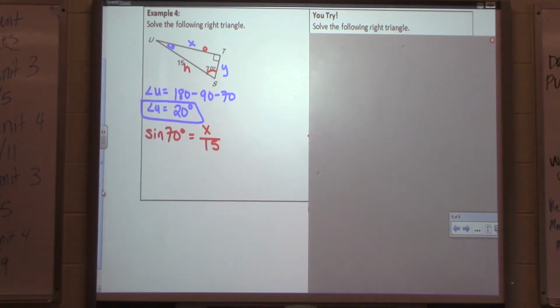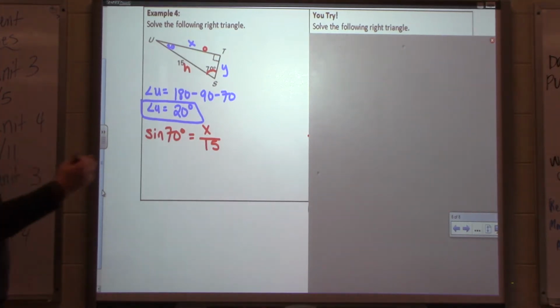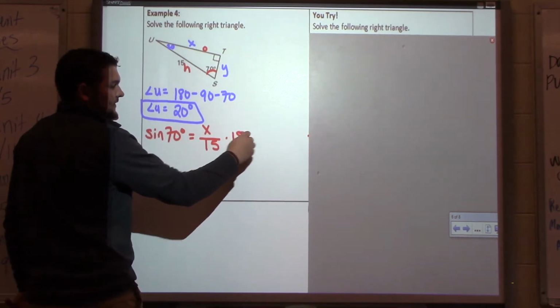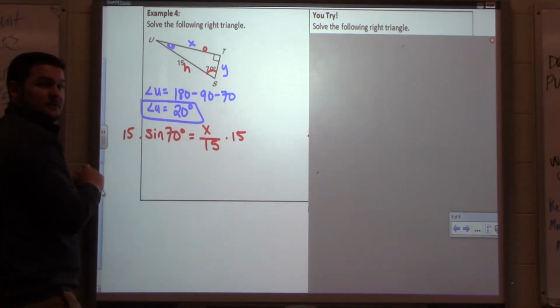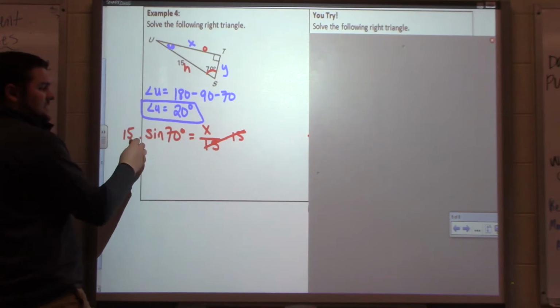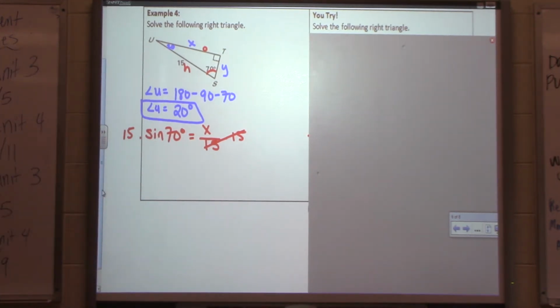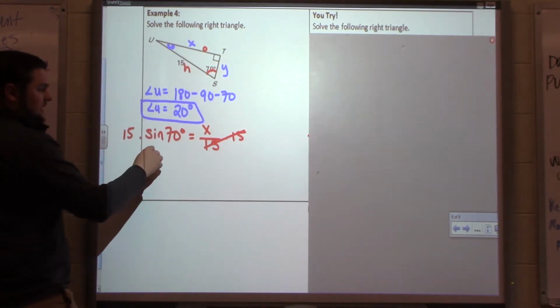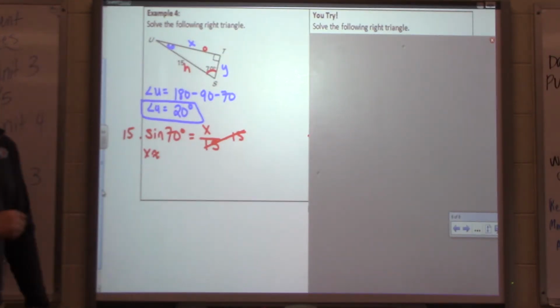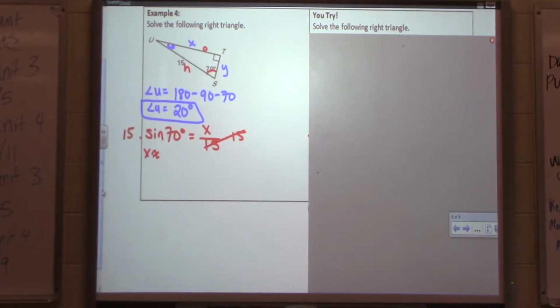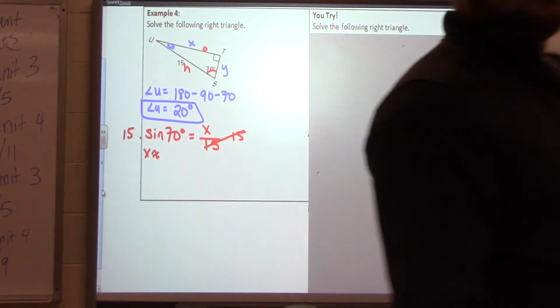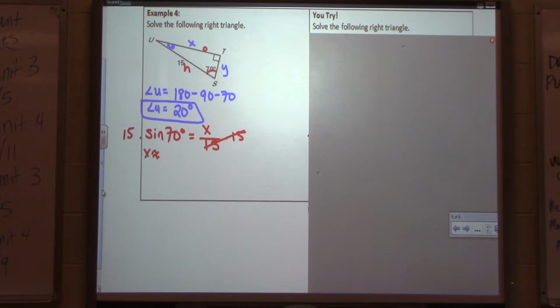To solve for x, you can think of it like cross multiplying, or just multiply by 15 on both sides. So 15 times sine of 70 degrees will give us our x value. Remember, with side lengths, unless it tells you differently, we want to go to the hundredths place, or 2 decimals. So x is approximately 14.10.